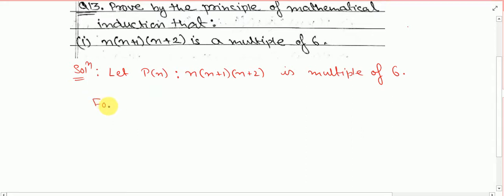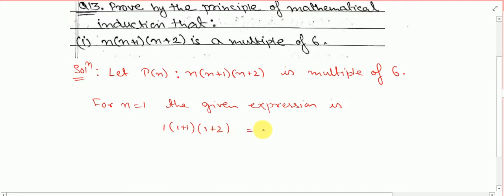So, for n equal to 1, the given expression is, so in place of n I'll put 1. So, I'll get 1, 1 plus 1, 1 plus 2. So, 2 into 3, that is 6.